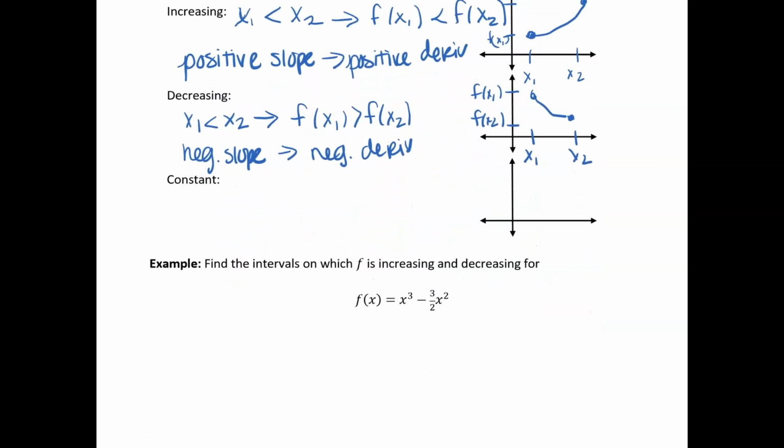Now, if we look at our constant function, by definition that would mean that x1 is less than x2, but then f of x1 is equal to f of x2. We defined increasing, we defined decreasing, so why not define constant? But reminder, that is where your slope is 0, or calculus-wise, where f prime of x is 0, something we've been using a lot lately.